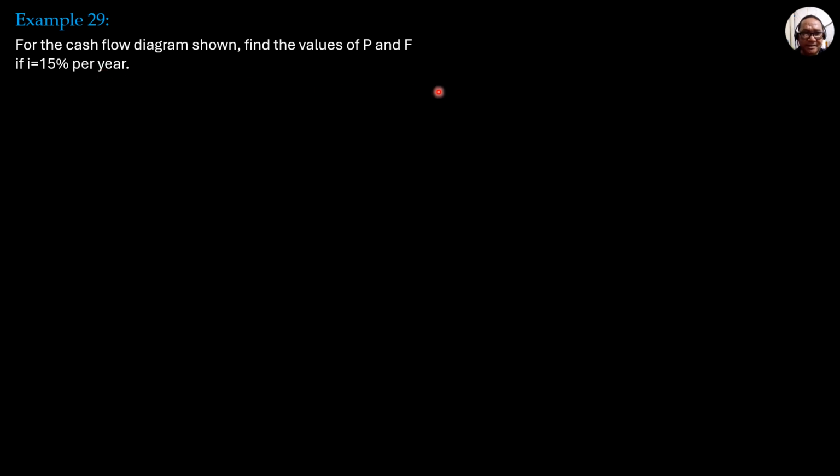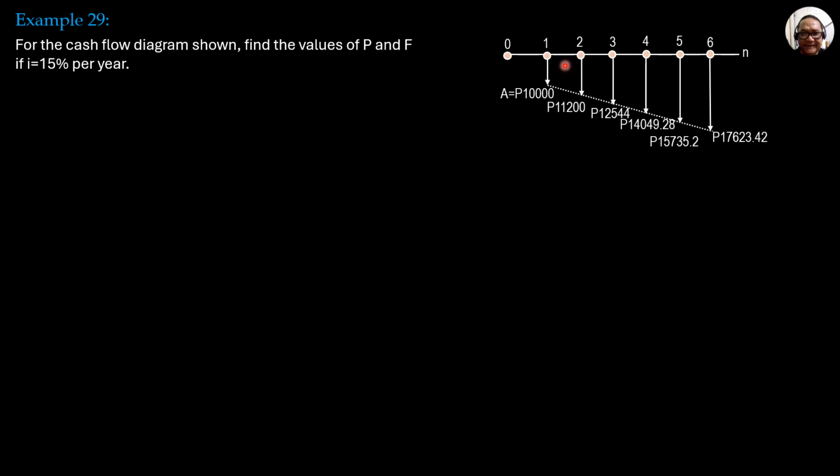So for problem or example 29, for the cash flow diagram shown, find the values of P and F if i is 15% per year. So the cash flow diagram is given, and if you notice, this cash flow diagram is a uniform geometric gradient wherein the first payment after the end of 1 year is 10,000 and the next is 11,200.